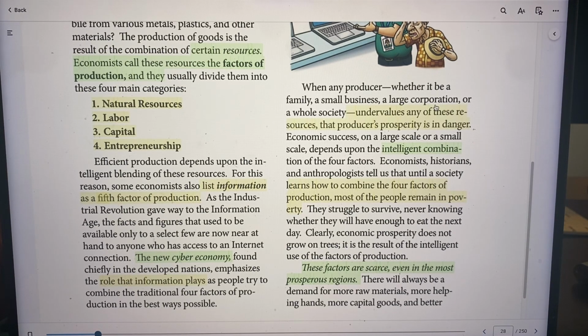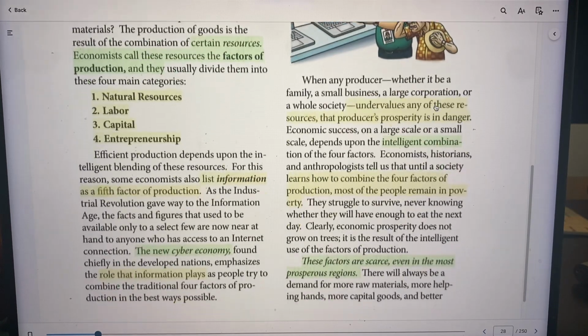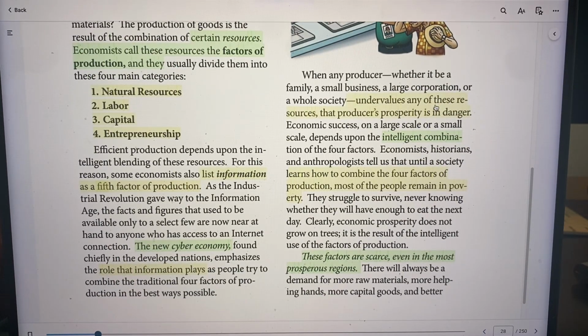So when we talk about economies, before we go over each one of these resources, there's quite a few economies that we can look into. But the new economy that we have now is the cyber economy, and it's found chiefly in the developing nations and emphasizes the role that information plays, as people try to combine the traditional four factors of production in the best ways.